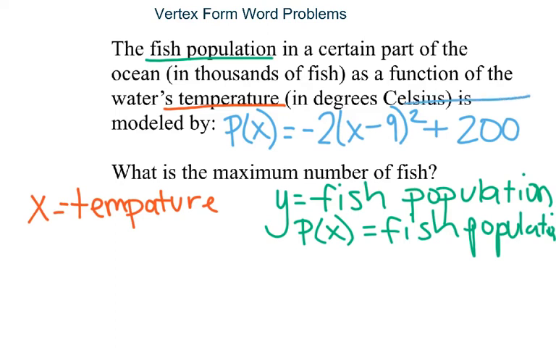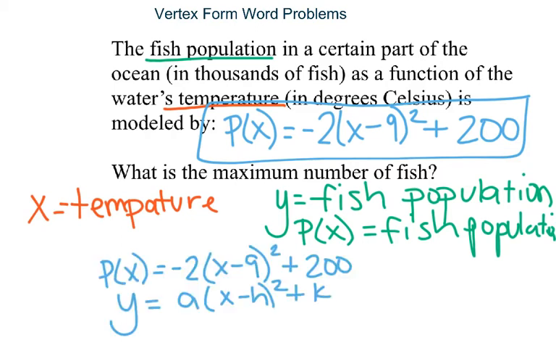And we're given this quadratic, and the quadratic is actually in vertex form. So I'm going to write it out a little bit easier. Maybe you can pick up on it that it's in vertex form. Okay, so maybe you see it now. So what you're saying in this formula is that my a is -2, my h value is 9, and remember h and x are pretty much the same thing.